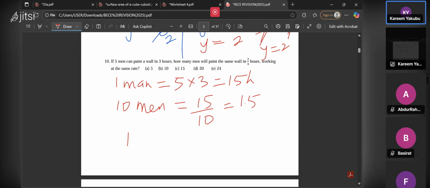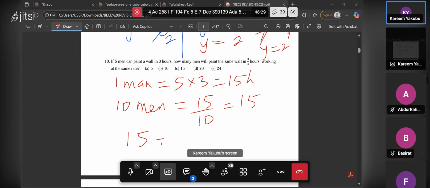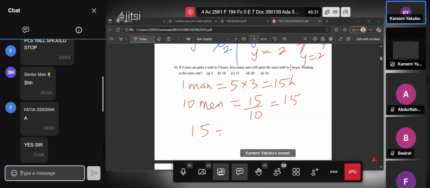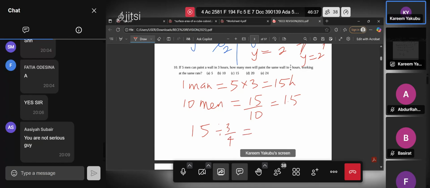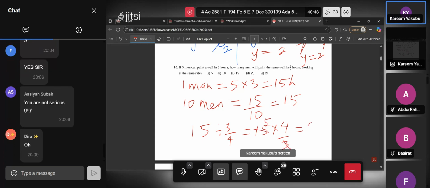So that will be 15 divided by 3 over 4. That will give us 15 times 4 over 3. 3 here 1, 3 here 5. That's going to be 20.